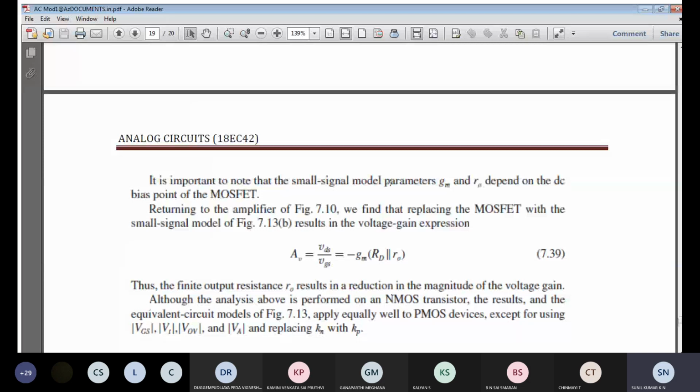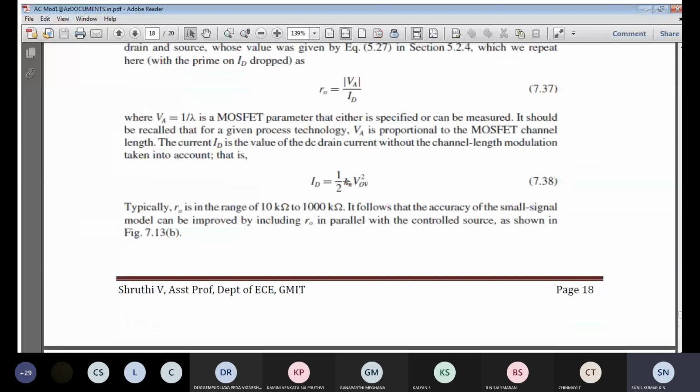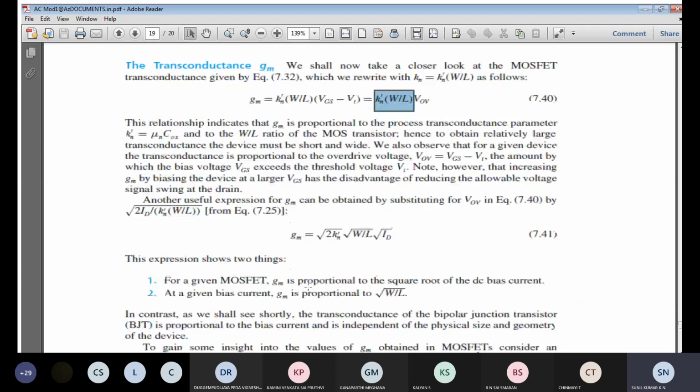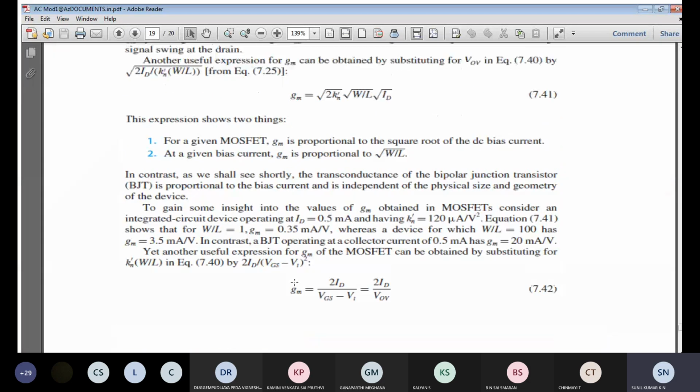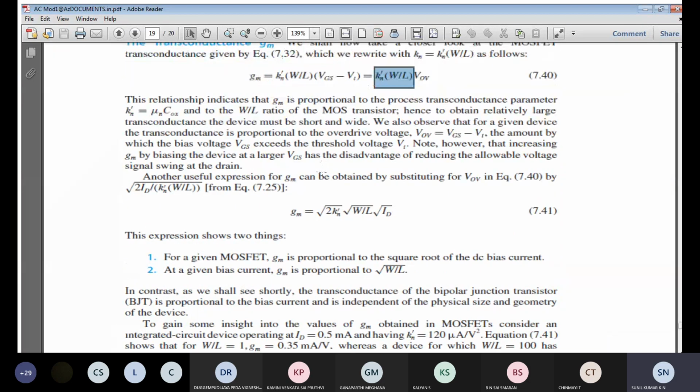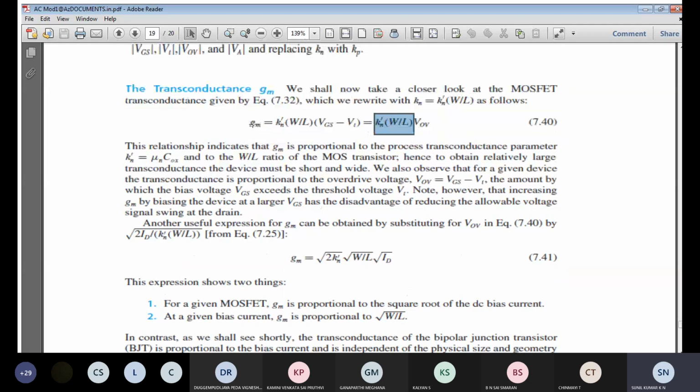So this one you can see again. So Kn dash W by L, I am going to substitute from this equation: 2ID divided by VGS minus VT whole square. So now 2ID divided by VGS minus VT, that is nothing but a voltage, that I am going to substitute over here. So transconductance Gm is given by Kn dash W by L into VGS minus VT.